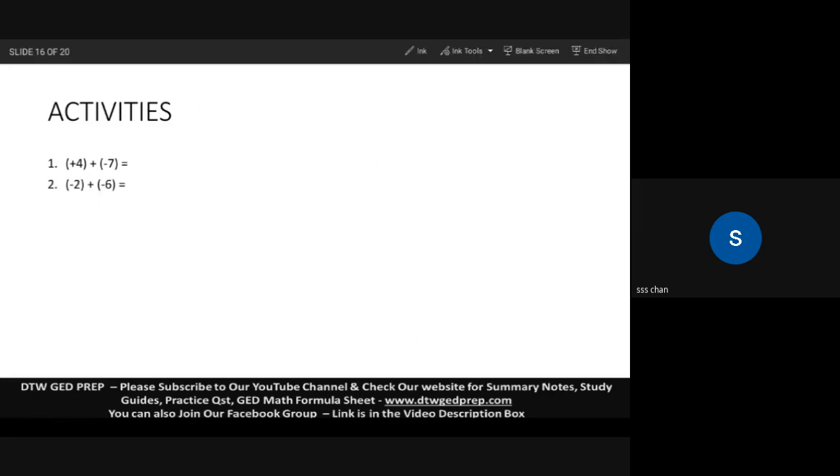So the next one, we have negative 2 plus negative 6. You are adding a negative number. Adding a negative number is the same thing as subtracting that number, because plus minus gives you minus. So negative 2 minus 6.